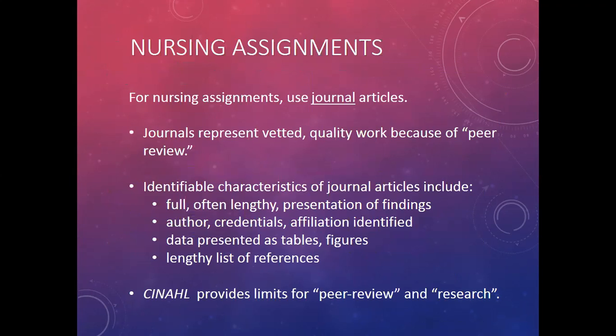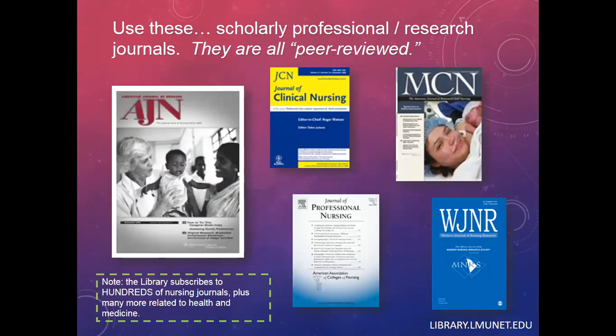Often the data is presented as tables or figures, and of course, a long list of references. CINAHL, one of the databases we'll be looking at today, provides limits for peer review and for research. For example, Journal of Clinical Nursing or Journal of Professional Nursing, as you see here, are peer-reviewed. These are scholarly.